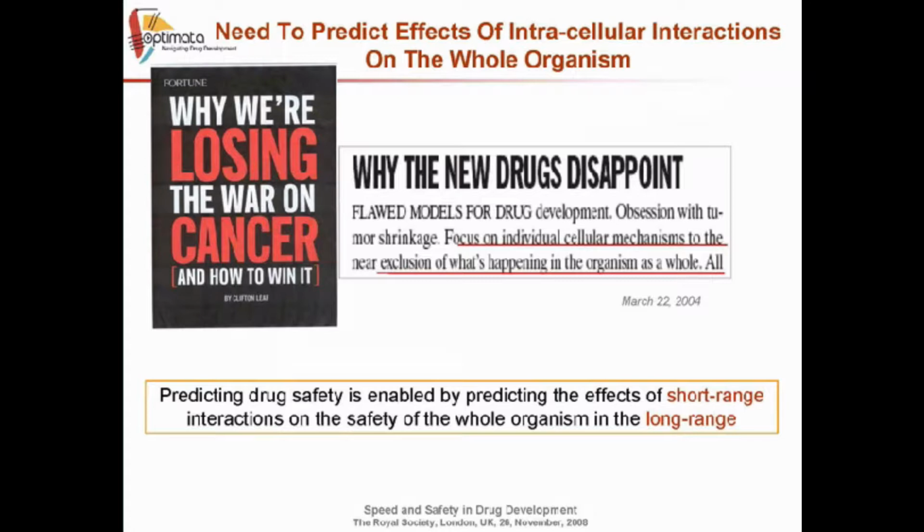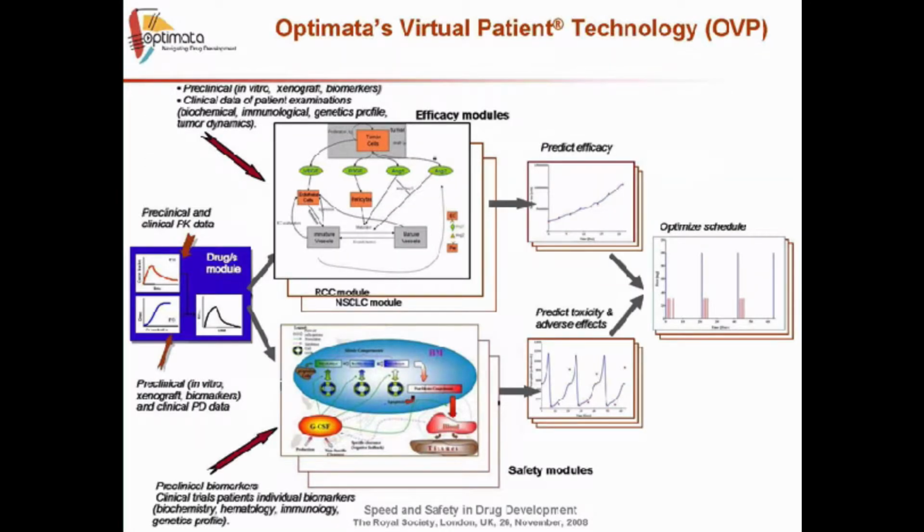And the tool, the mechanism to study dynamic processes is biomathematics.